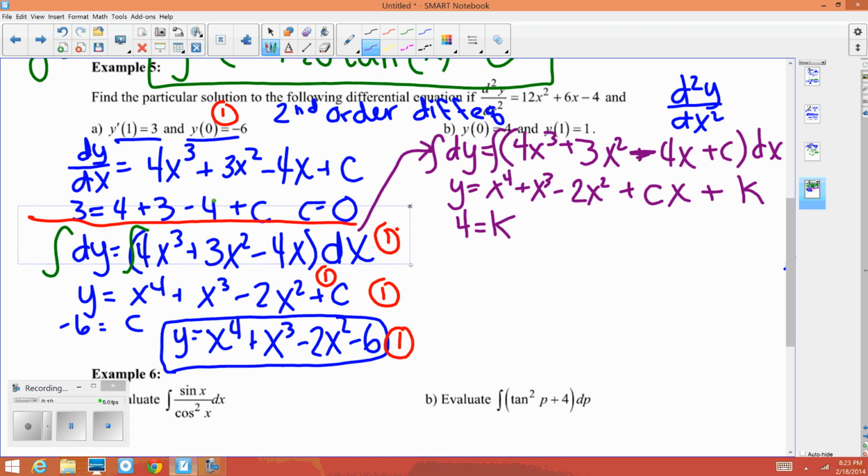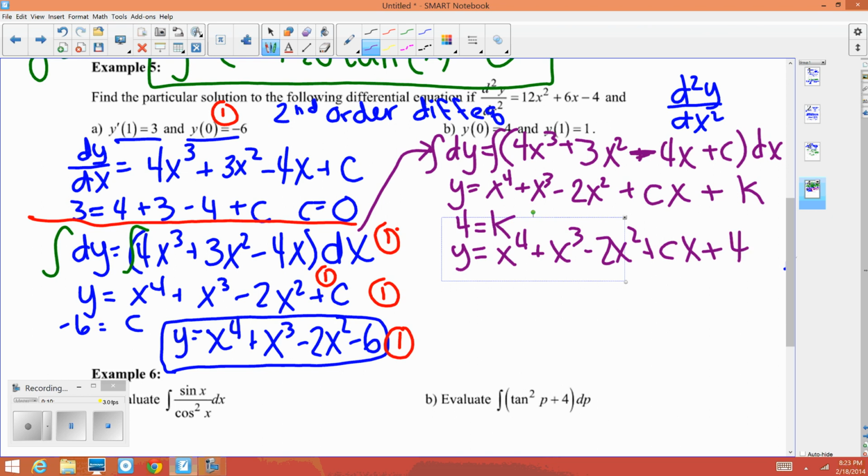All right, so then we have this equation, x to the 4th plus x cubed minus 2x squared plus cx plus 4. Okay, plug in the rest of your values. So 1 equals 1 plus 1 minus 2 plus c plus 4. So it looks like c is -3.